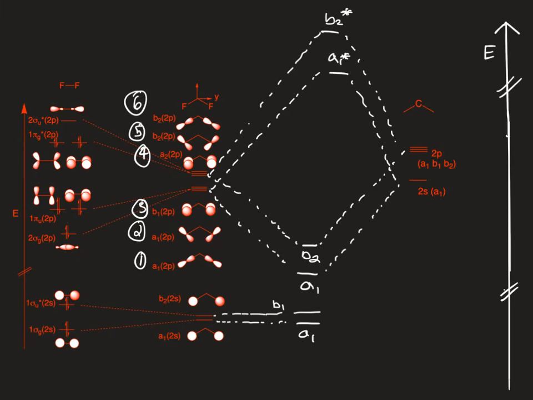Okay. Next, we're going to overlap this A1 combination with a carbon 2pz orbital.